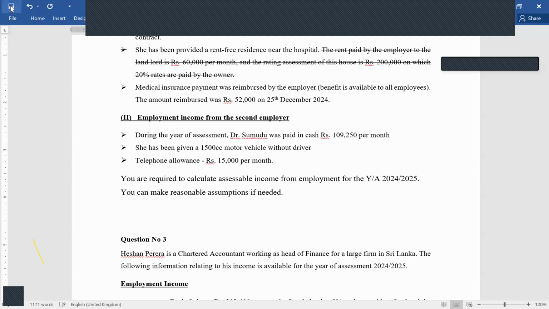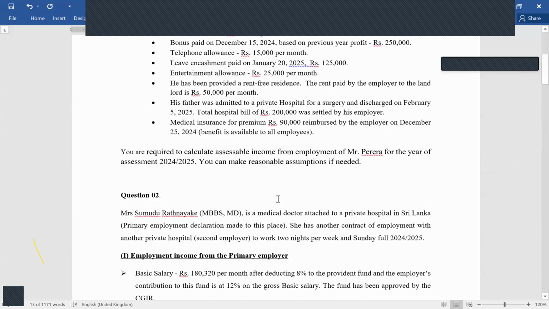Okay. Tell me, this telephone allowance, 15,000, whether it is liable or not. If it is liable, what is the amount?